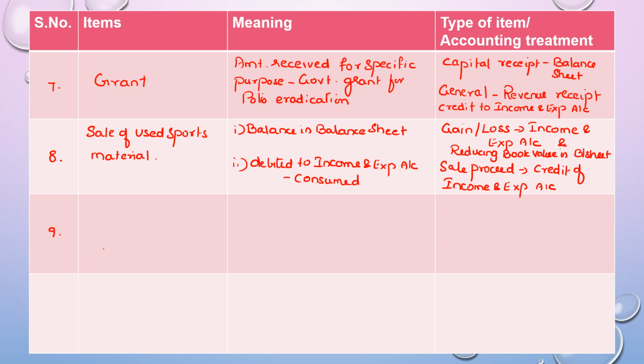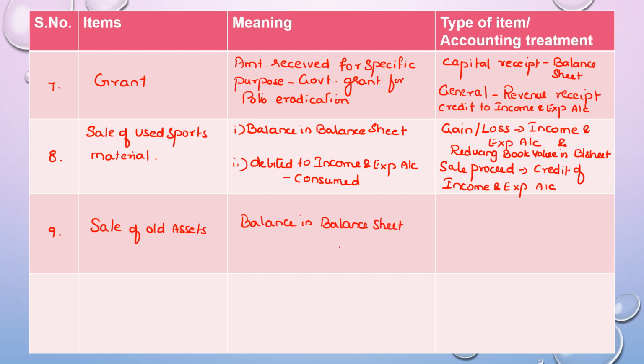Now moving further, we will also learn the next item, that is sale of old assets. Now there might be some assets which are lying there which is being sold. So there is balance in the balance sheet. Some value is there.